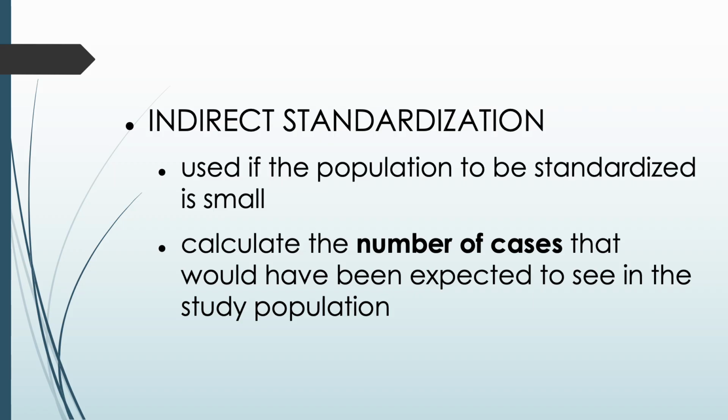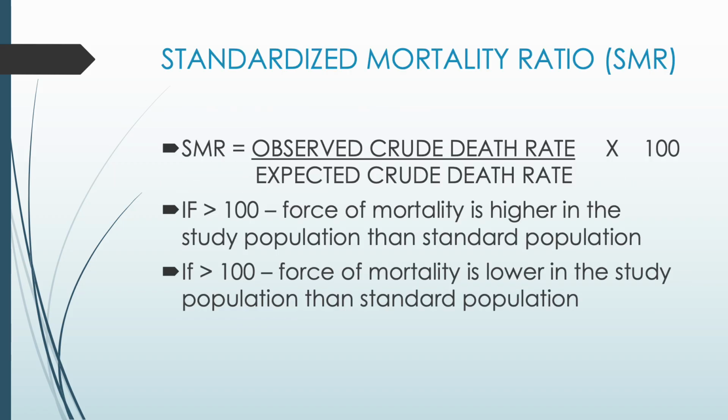Next, we have the indirect standardization, which is used if the population to be standardized is small. This is calculated by the number of cases that would have been expected to be seen in the study population. Standardized mortality ratio is derived when the observed crude death rate is divided by the expected crude death rate.